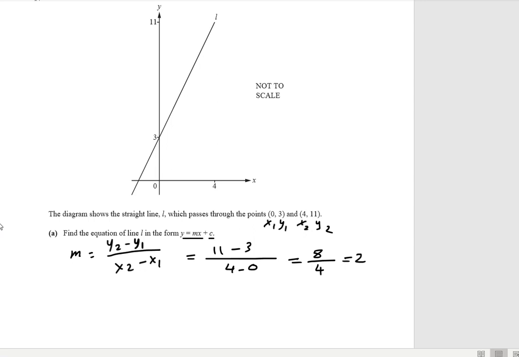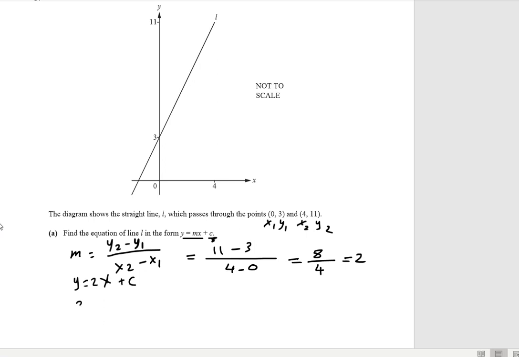So now we need the value of c. For the point (0, 3), x is 0 when y is equal to 3. So let us write the equation: y equals 2x plus c, because m now is 2.